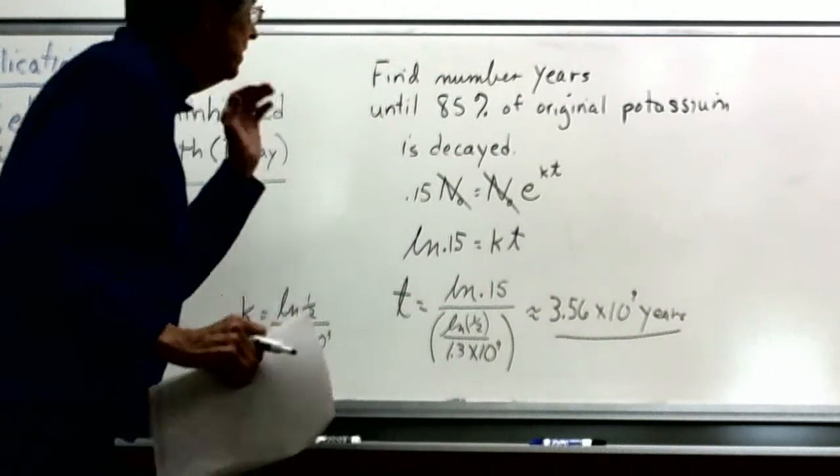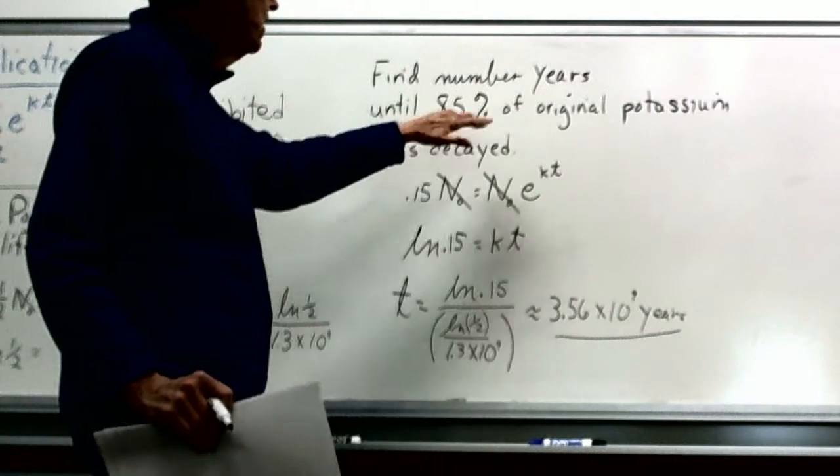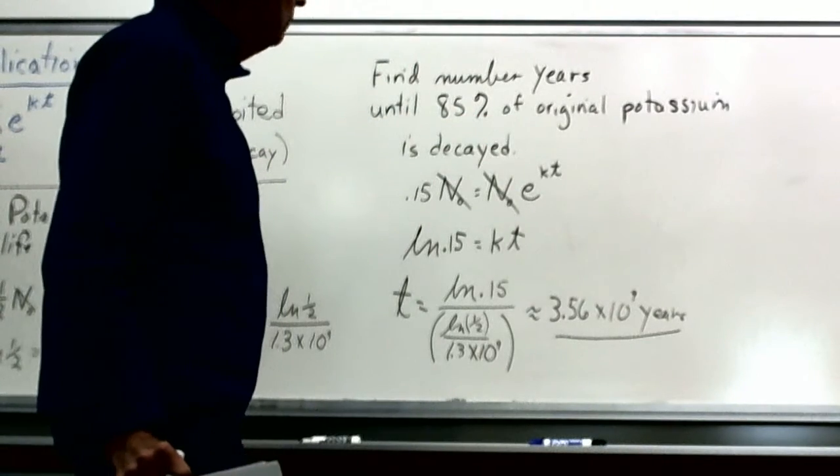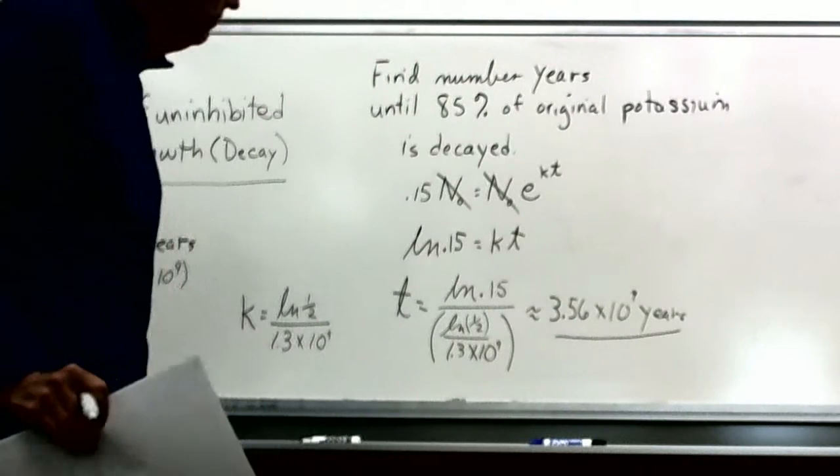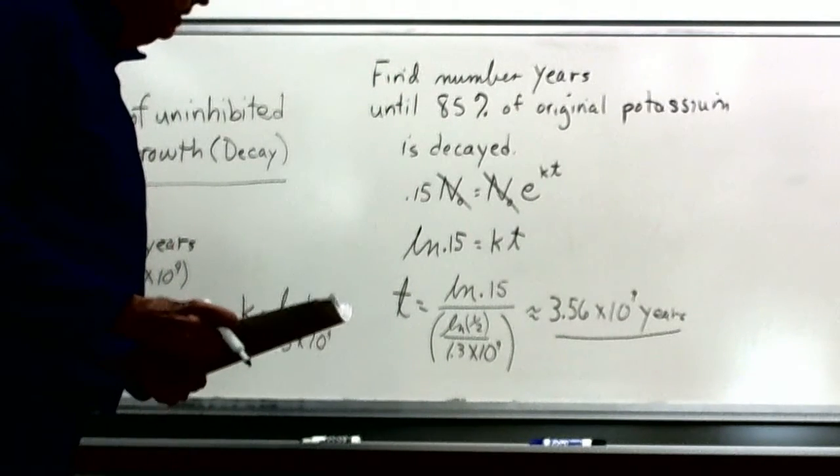So our conclusion is that 85% of the original amount of radioactive potassium will be decayed after 3.56 times 10 to the 9th years.